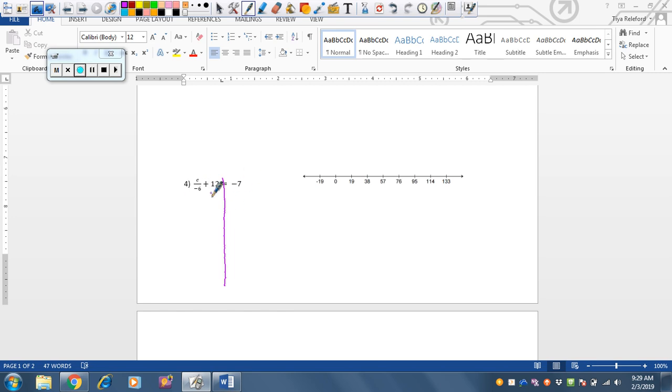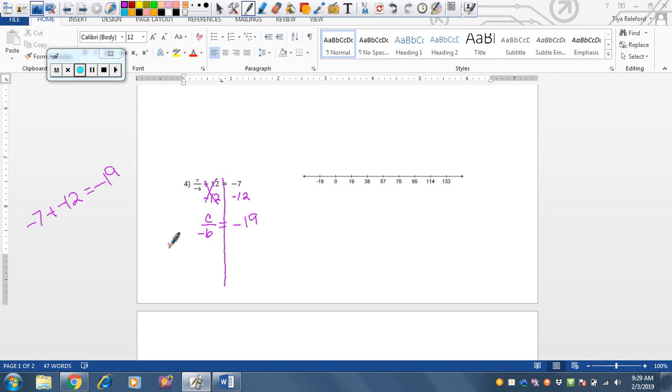Step 1 is to add or subtract. We're not scared of that. These cancel out. I'm left with c divided by -6. Over here, I have negative and a negative. That's the same signs. I gotta keep my negative.